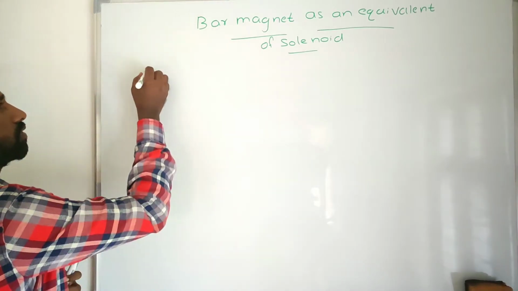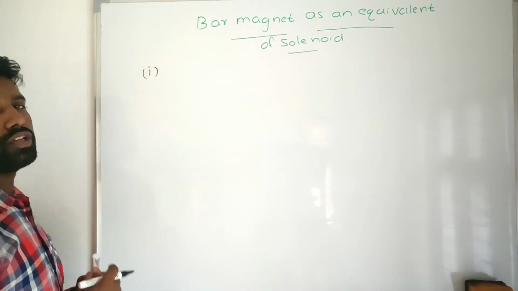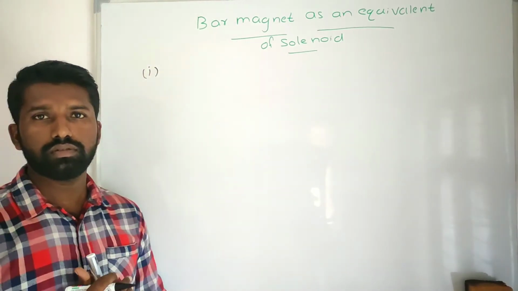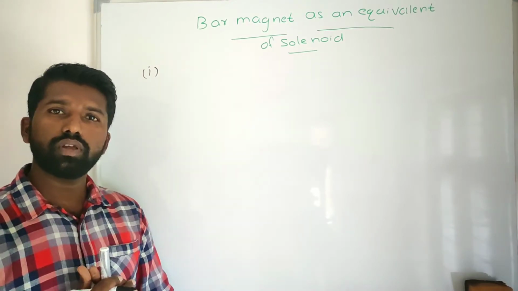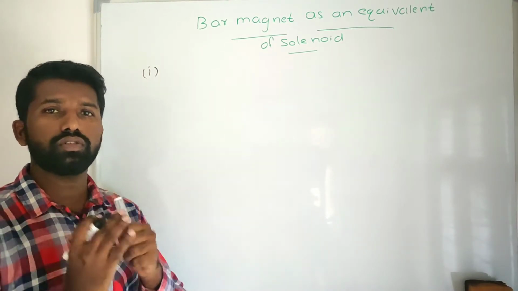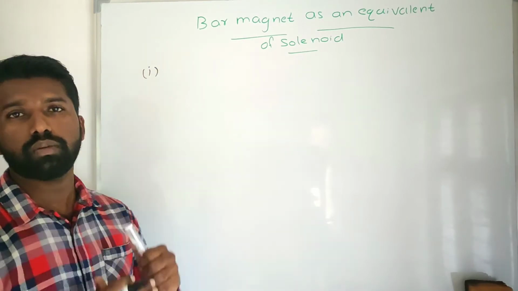The first one is that the nature of the magnetic field due to a solenoid is similar to the nature of the magnetic field due to a bar magnet.